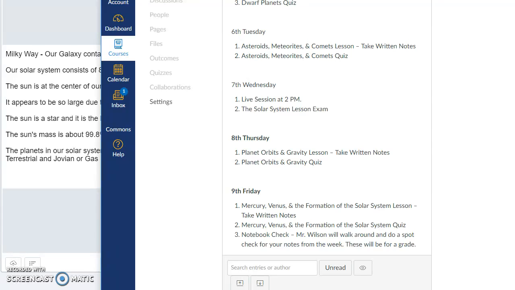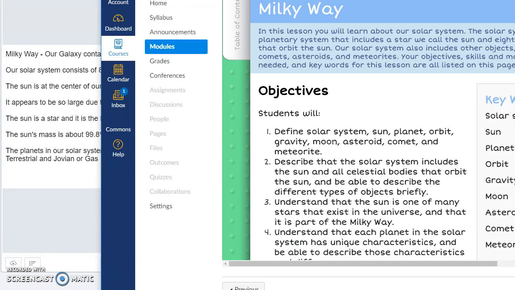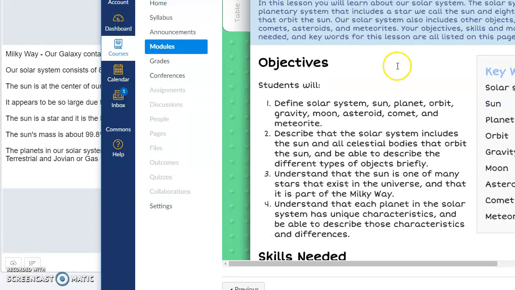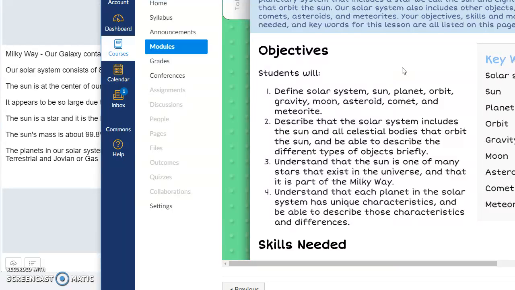Now, as you can probably see on the left-hand side, I've got a couple of items that I want to discuss, and I want to talk about the Milky Way galaxy. So you should have completed this item last week at the end of the week. Be sure by the end of the lesson that you are able to do the objectives, and they are: define the solar system, sun, planet, orbit, gravity, moon, asteroid, comet, and meteorite. So that's some of your vocabulary terms.